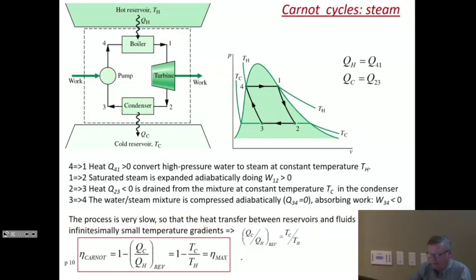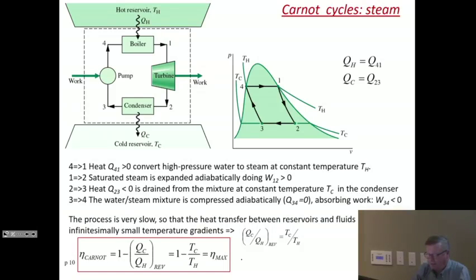Now we go from 2 to 3 in something that condenses the steam. So the steam had a certain amount of quality, and we keep it at that temperature T2. Isothermally, we bring it from 3 to 2. That drains the heat Q23 from the system at constant temperature Tc in this condenser. So that is this quantity Qc out here.